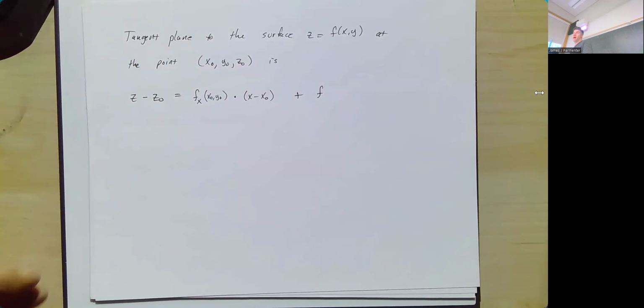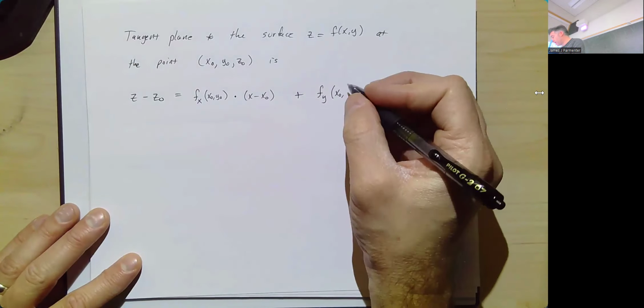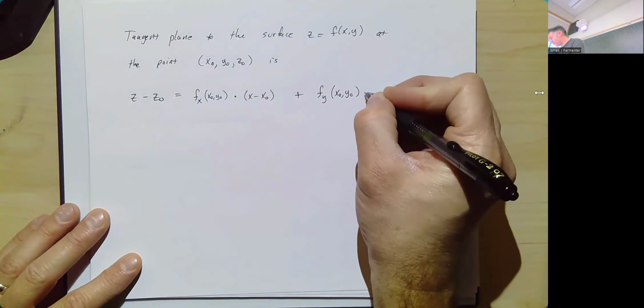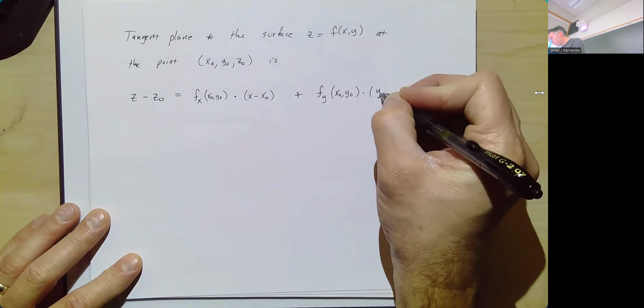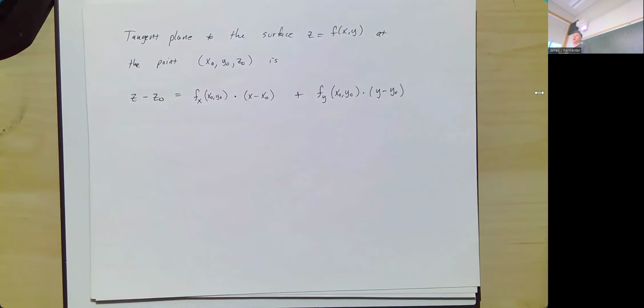Instead of the partial with respect to x, I also need the partial with respect to y, evaluated at x naught, y naught, but now we're multiplying by y minus y naught. I think of it like you're finding the tangent line in the x direction, you're finding the tangent line in the y direction, and then the plane is the plane that includes both of those tangent lines. So it's the plane that has to have those two lines in it.